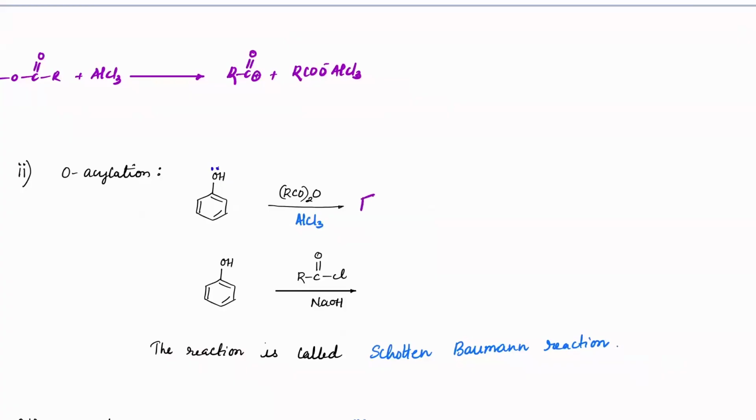So usually, irrespective of the solvent here, it is oxygen which will always attack here. So that is major. And in fact, hardly you will find any traces of compound coming on the para position and alkylation being done.